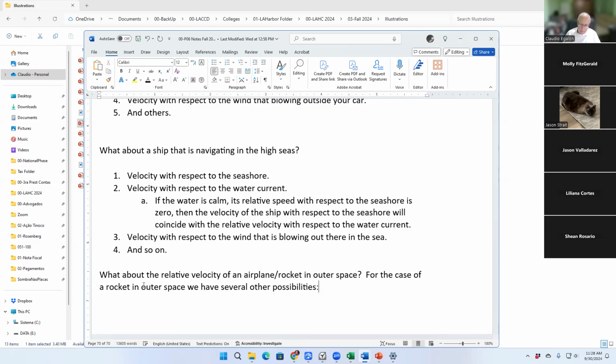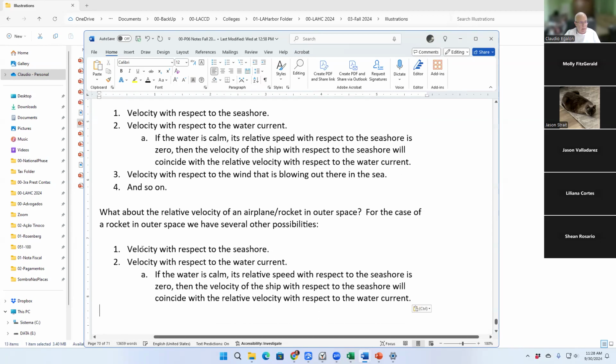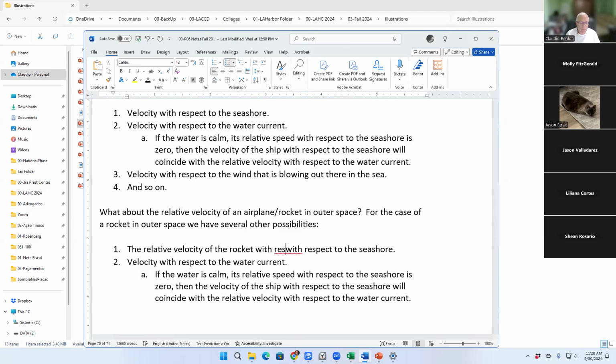Okay, here you go. One, the relative velocity of the rocket with respect to the center of the Earth.